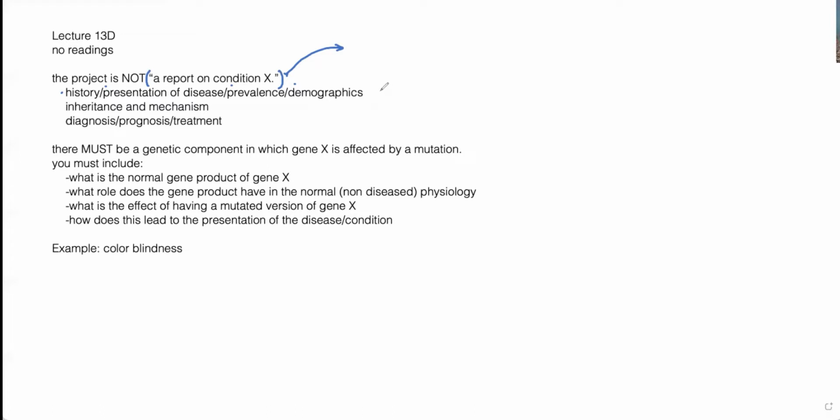Okay, so it's like we're looking at these things that you did for your personal research outline. Yes, include them, okay, but it shouldn't be the main important thing that you're focusing on.